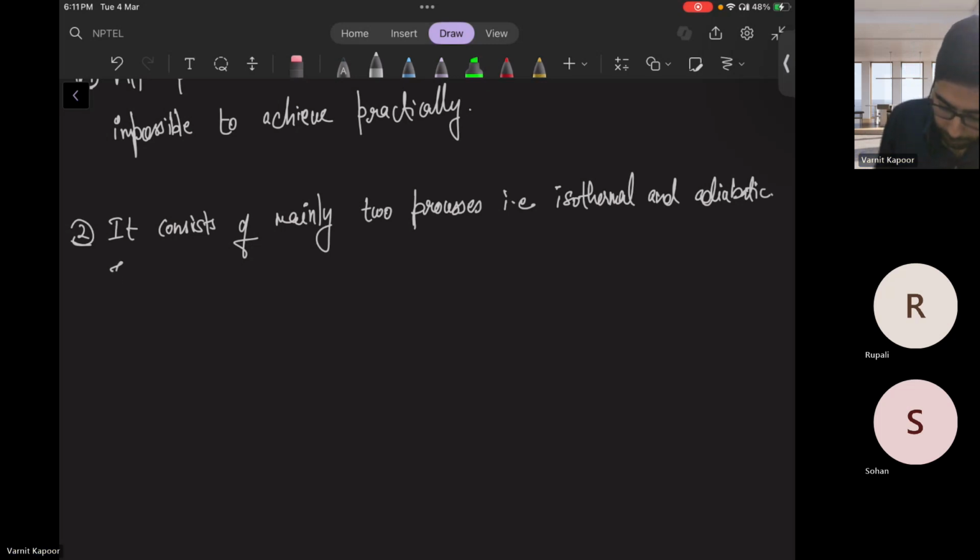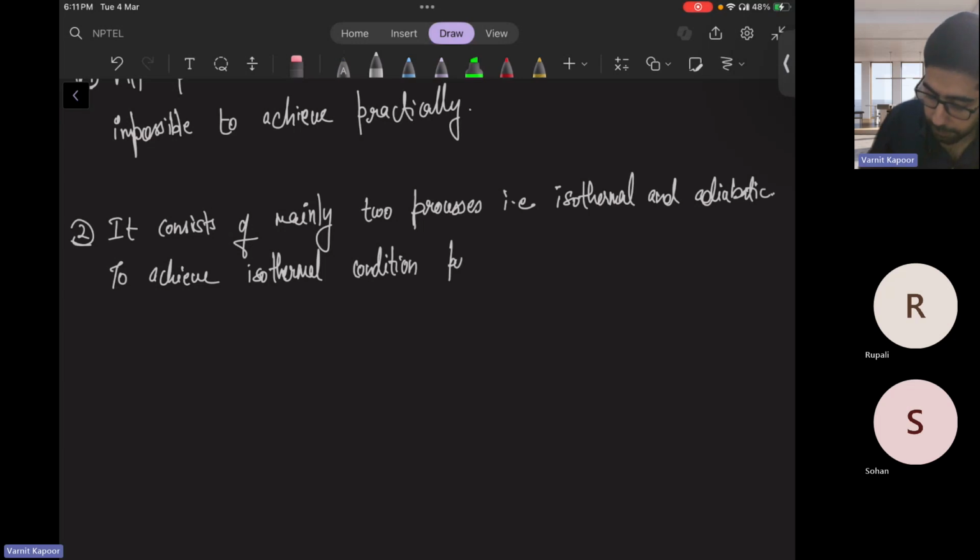And to achieve an isothermal condition, the process has to be extremely slow.